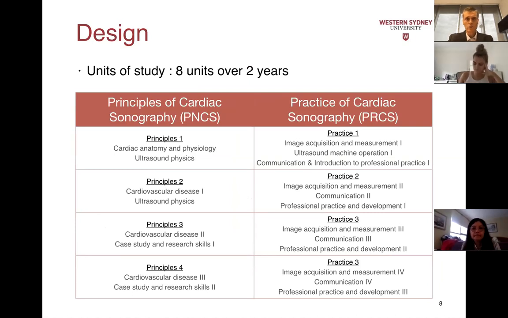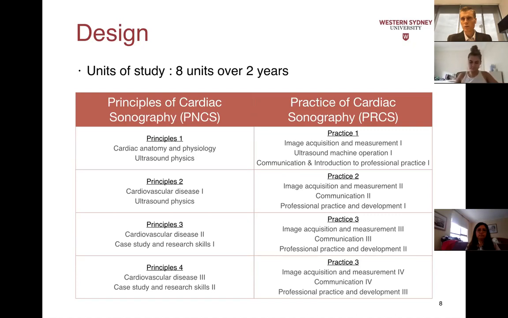Over the course of 2 years, you'll study 8 units, okay? And the units are divided into essentially 2 types. There are principles of cardiac sonography units, and there are practice of cardiac sonography units, okay? The principles deal with more or less the theory.